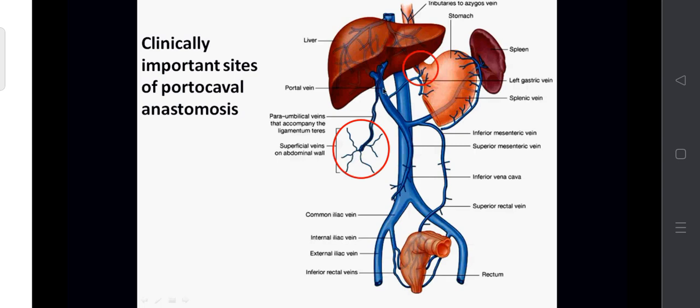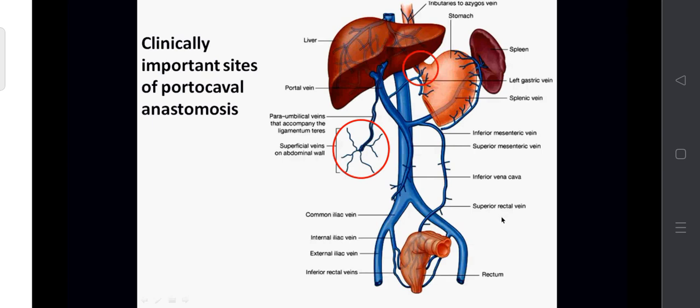So in case of portal hypertension, there will be backflow of blood into the paraumbilical veins, and this blood will go into the systemic veins superiorly as well as inferiorly, and it appears like the veins are radiating in all the directions from the umbilicus. This condition is called caput medusa, which is seen in portal hypertension.